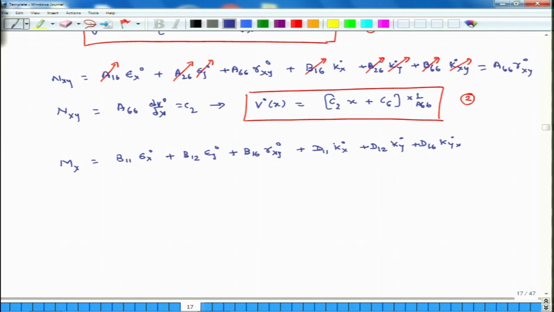Okay. Again, we see which terms can be dropped out.